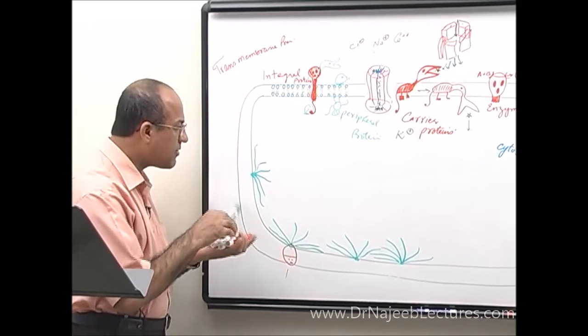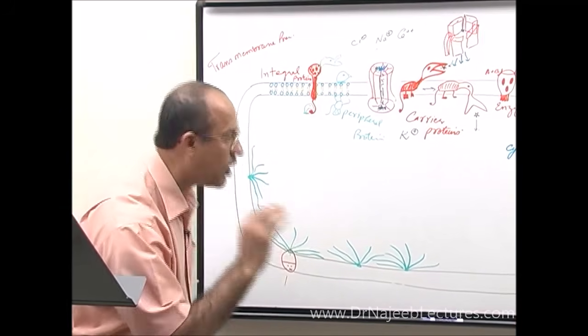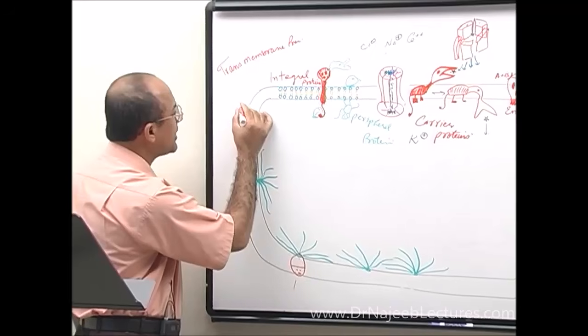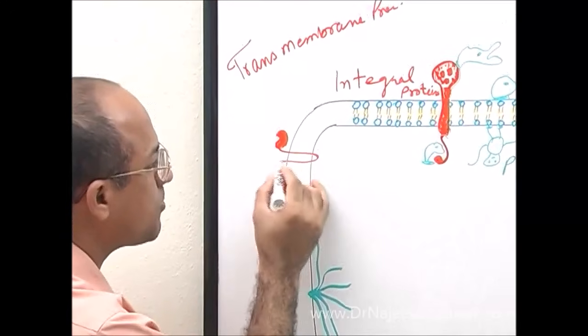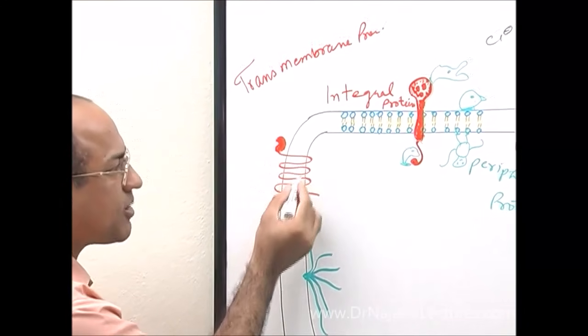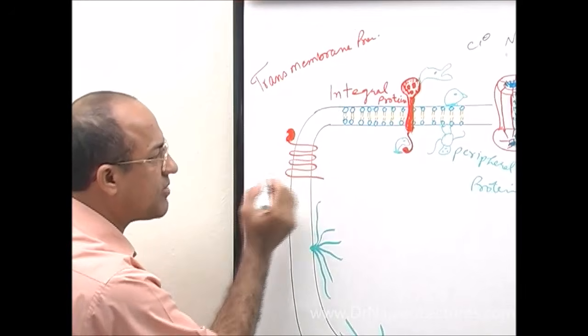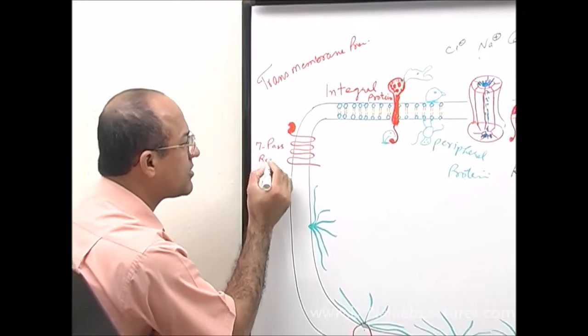Then another important function of peripheral proteins: some of them work with the receptor. Let me tell you how. Let's suppose here is a receptor, and this receptor protein passes 7 times through the membrane. Such receptors, whose peptide chain passes 7 times, are called 7-pass receptors.